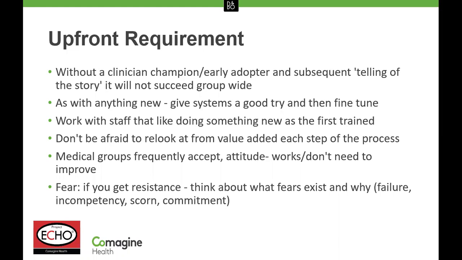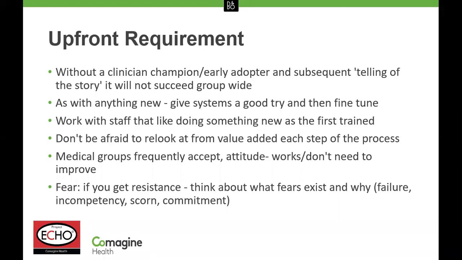I have never implemented a project or a new technology and found that it worked as well as it could right out of the box. Working with staff that like to do something new and important as the first people trained is important. Having that culture is just really, really important.